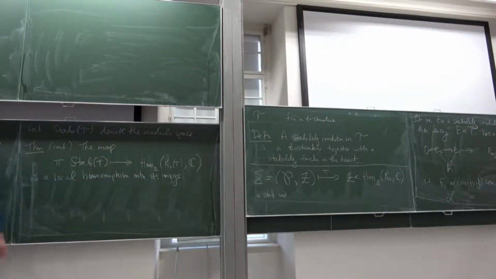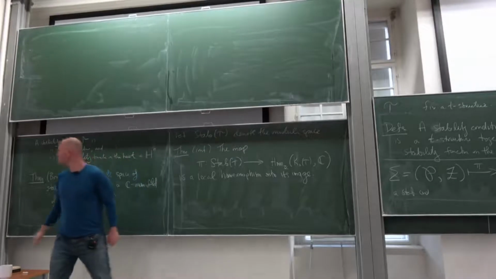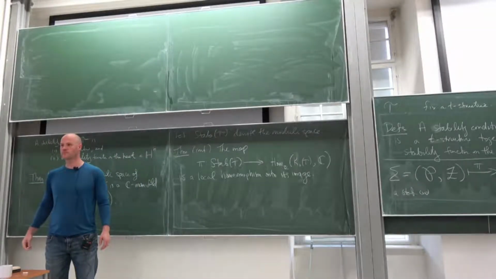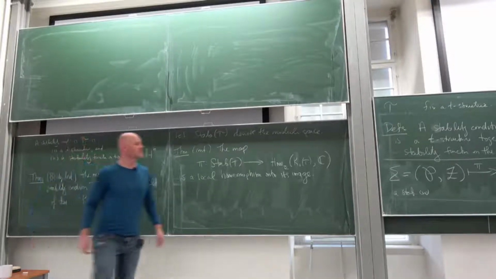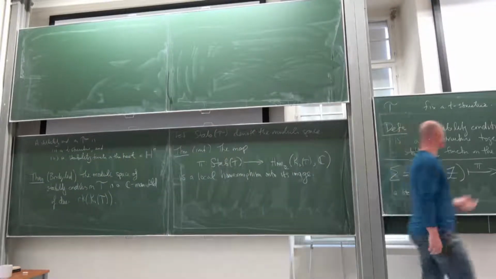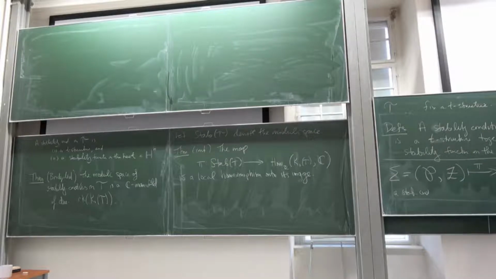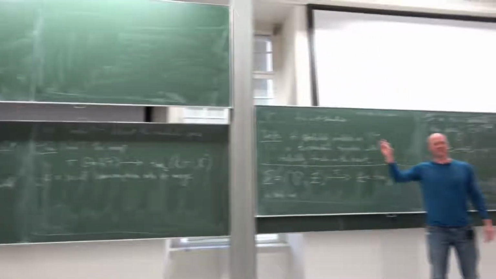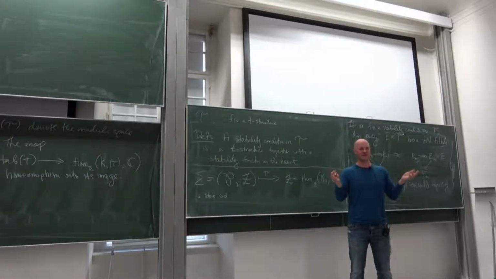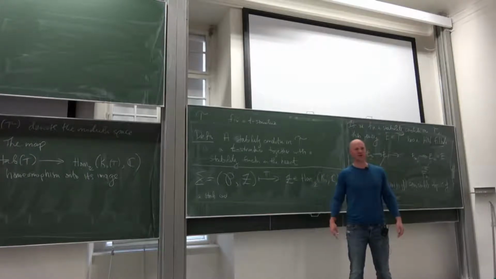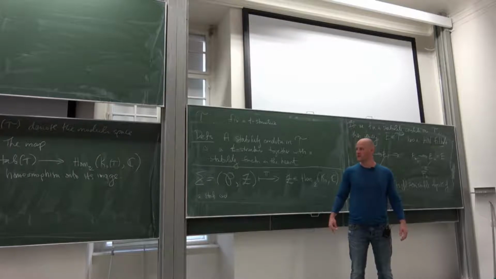Yes? We may have addressed this already, but how does the stability condition on the heart extend to a stability condition on T, the big triangulated category? The way I defined a stability condition was it's just a T structure together with a stability condition on the heart. You could phrase it without specifying a T structure. But this Z is supposed to be a stability condition on big T, right?